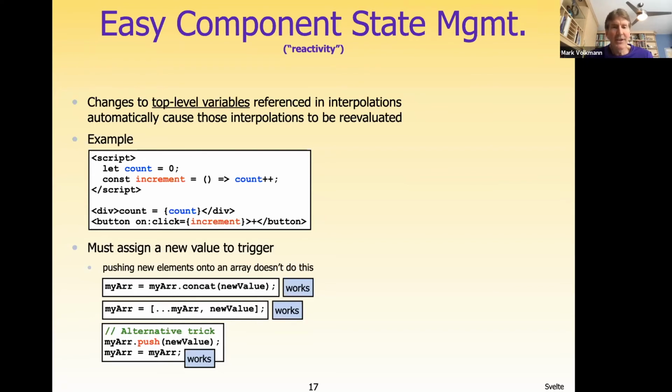But actually, it does have an effect for the Svelte compiler because it's just looking to see, do you assign something to the variable? And so that's a trick that I often use to let Svelte know in an efficient way that I've made an update to a variable. And I often put a comment after that line to say triggers reactivity, so I remember why it was that I did that.